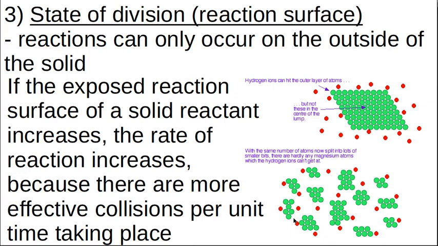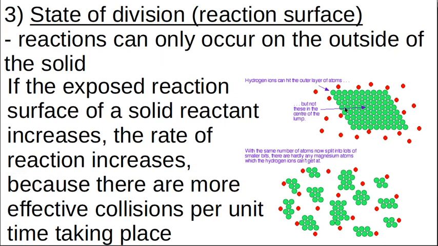Okay, now the third factor is the state of division of the reactant surface. This is when you've got a solid reacting with either a gas or a liquid or whatever it is. When you have a solid reactant, the particles must bang into each other, okay? This is how a reaction occurs, when particles bang into each other.